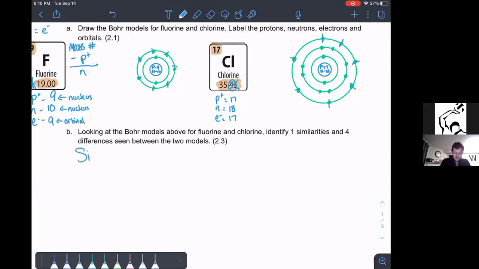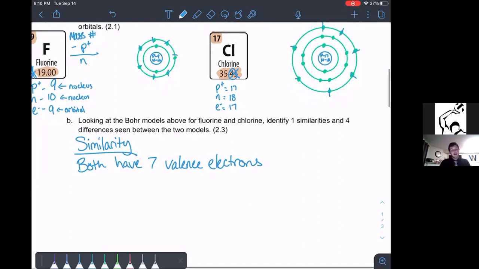So a similarity they have is both have 7 valence electrons. So that's our similarity. If we wanted just one, we only needed one. Now we can talk about our differences.